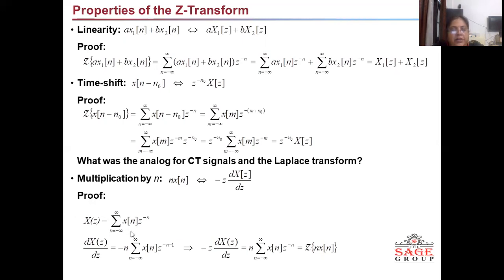We have differentiated on both sides, and by rearranging the order of summation, we conclude that if a signal is multiplied by n in the time domain, then its Z transform is the derivative of X(z) in the z domain, multiplied by minus z. If we multiply by n squared, then this minus z will be raised to the power of 2, and the differentiation will be d squared X(z) upon dz squared.